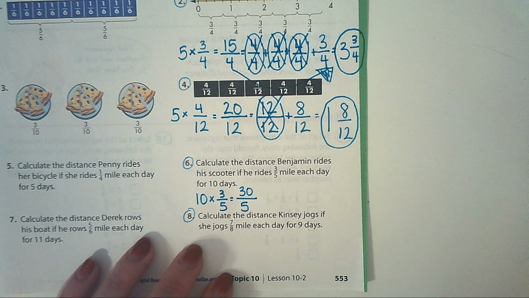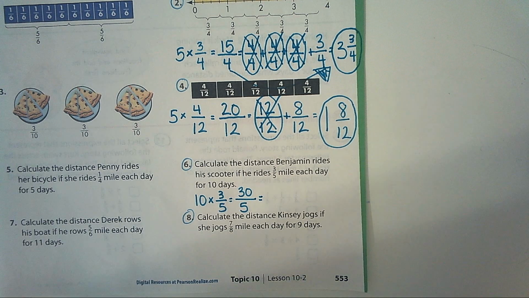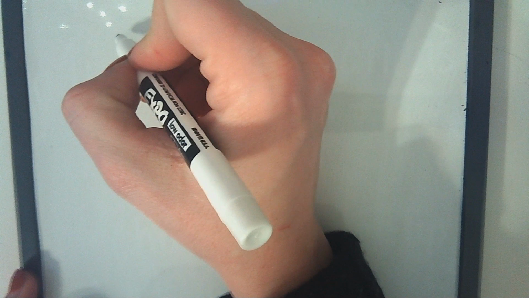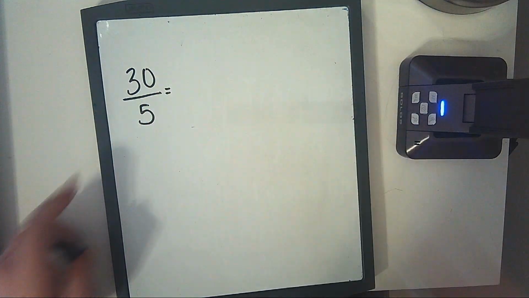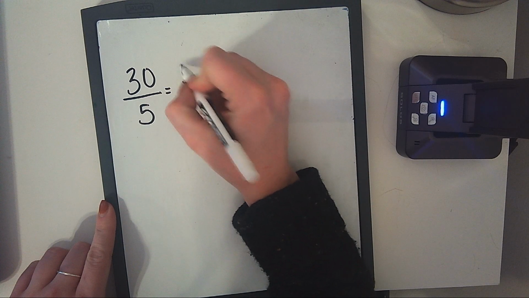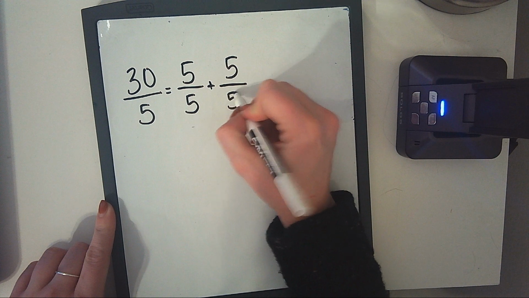And I think I'll need more space for this one, so I can use my whiteboard, or you can use scrap paper. So I'm taking the 30/5ths and I'm making it a mixed number. So we have 30 over 5 equals 5/5 plus 5/5. 5 plus 5 is 10.